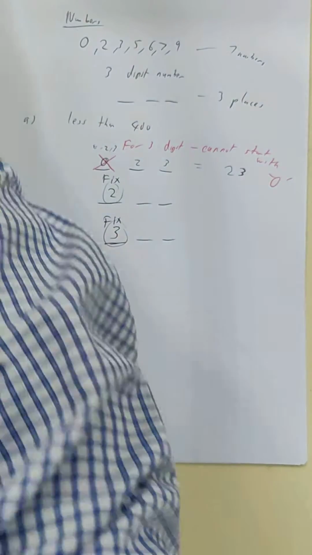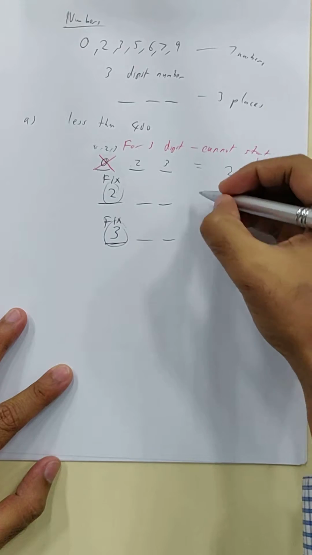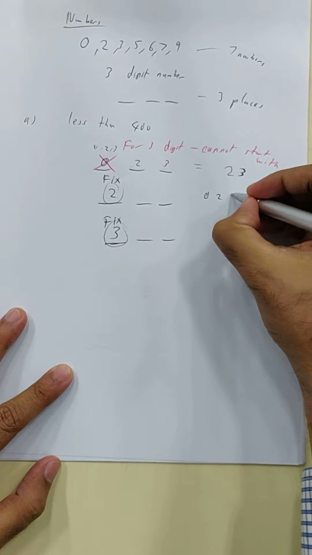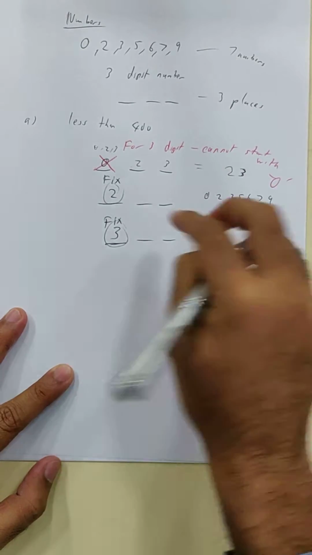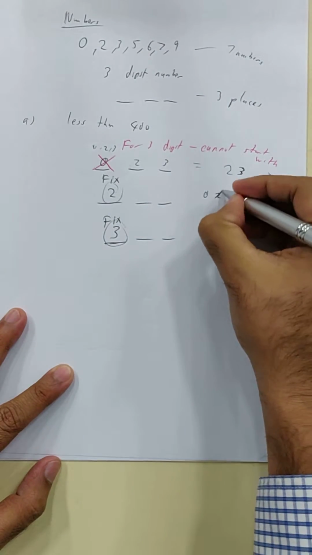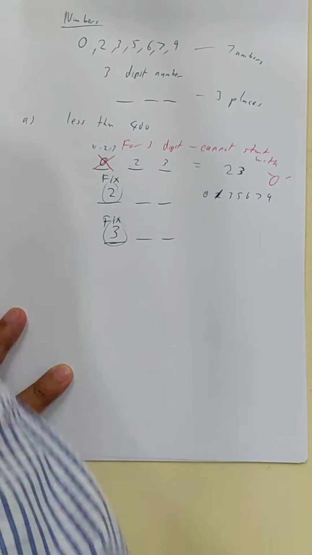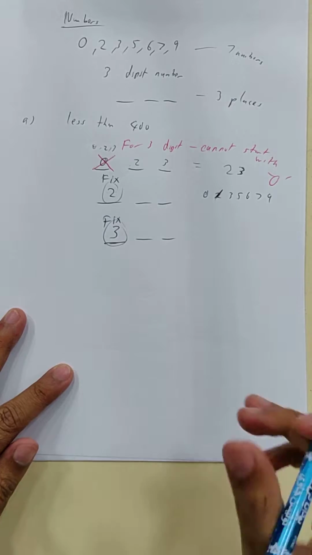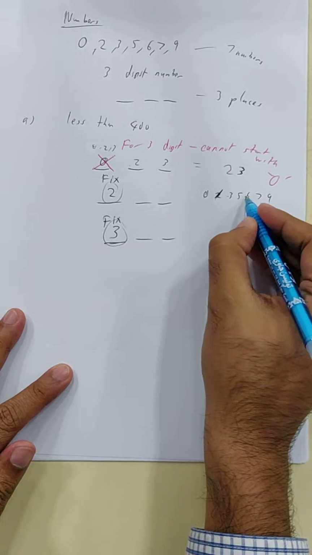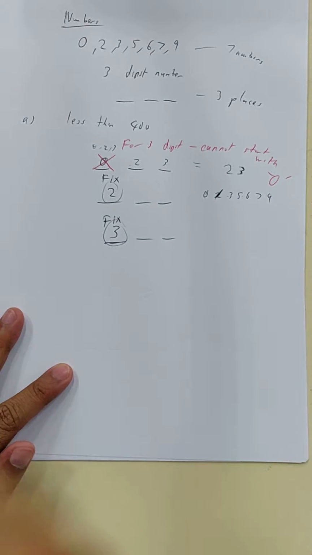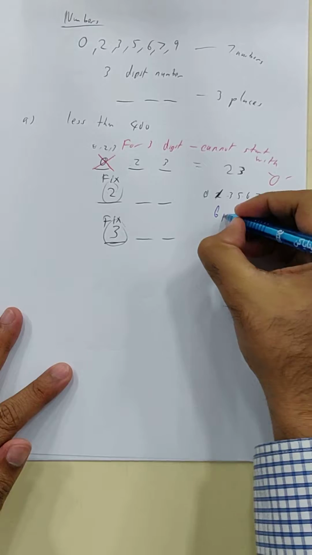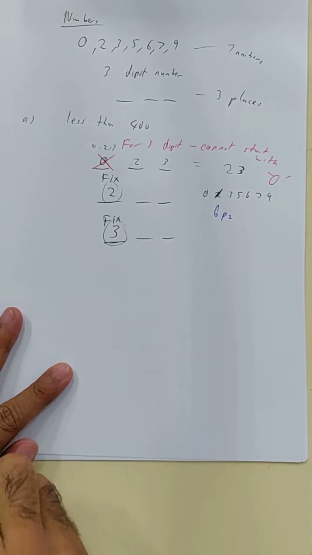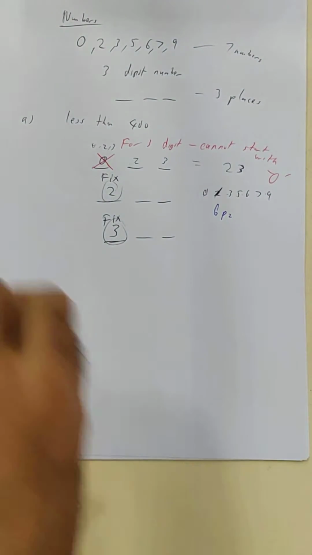So for the first case, let me rewrite things again: 0, 2, 3, 5, 6, 7, 9. I have chosen my 2. I cannot choose my 2 again. How many numbers do I have left? I have 6 numbers left. 3, 4, 5, 6. I have 6 numbers. I have 2 places. So how do I calculate? 6P2. Very good.